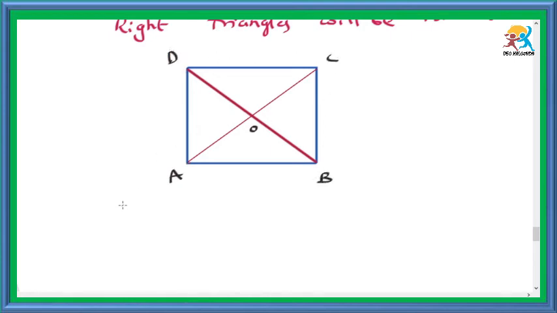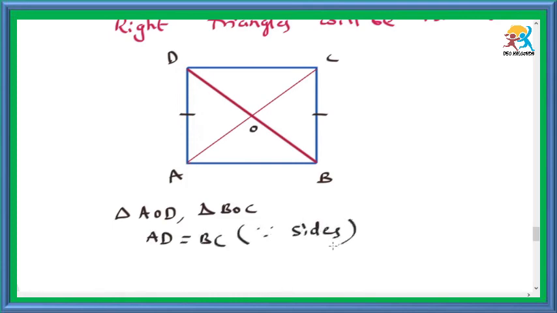Any two we can take. So I would like to take triangle AOD, triangle BOC. In these two triangles, AD is equal to BC. Why? Because they are the sides of the square.